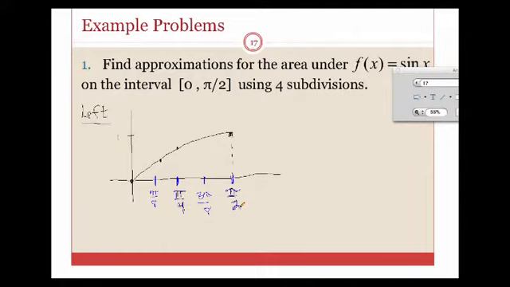Since it has to be a left endpoint approximation, remember what that means: when you draw your rectangles, the upper left of each rectangle has to hit the curve. So I'm going to start with this one right here. There's one rectangle. Notice how it's the upper left that hits the curve. The next one is going to hit right there.